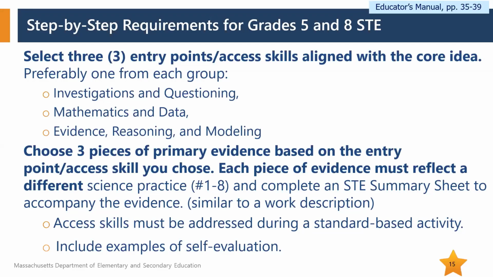And if you haven't attended the access skill session that we did yesterday, it is there as a PowerPoint. The recorded session will be there in a couple of weeks. And as always, you want to include at least a couple of pieces of self-evaluation.